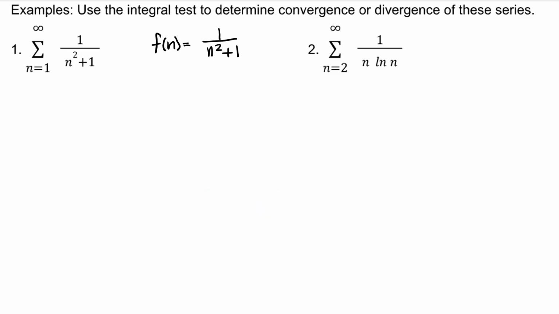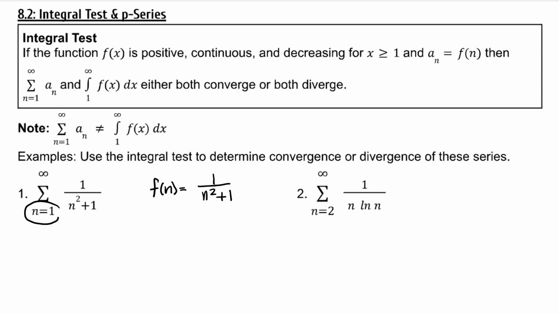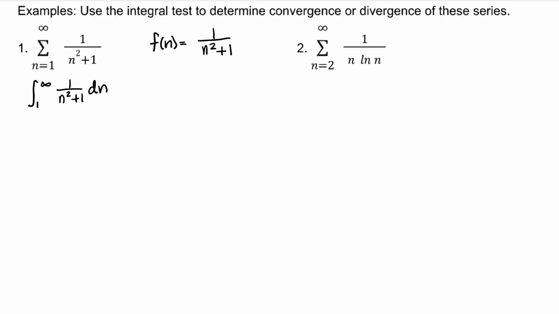Now we can write it as an improper integral. We start at 1 and go to infinity. This is an improper integral that we need to write as a limit. If you recall, the integral of 1 over n squared plus 1 is arctan of n.